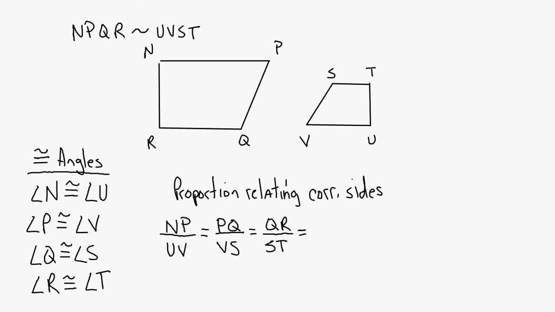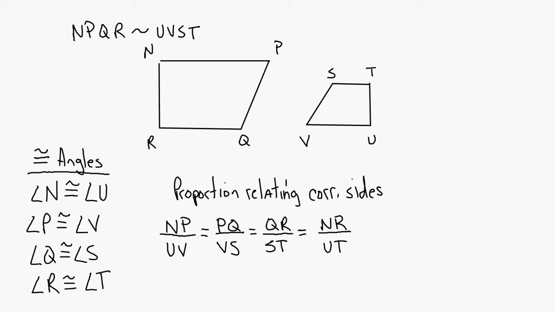And that's going to be equal to the last side, NR, and the denominator for NR, UT. And that's your proportion that relates corresponding sides. And you're done. Clear?